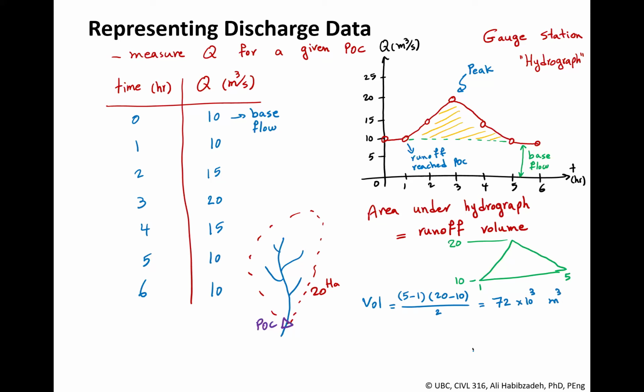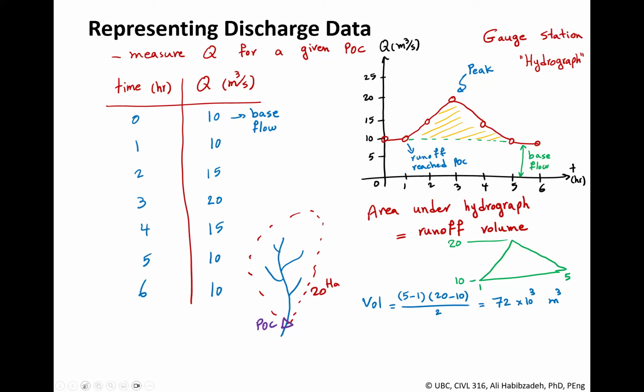Okay, just keep in mind 5 and 1 are in hours, so we have to convert them, multiply by 3,600. Okay, and now that's a volume of rainfall. So it means over the 4 hours of rainfall event, we received 72,000 cubic meters of water, basically. That's the volume.